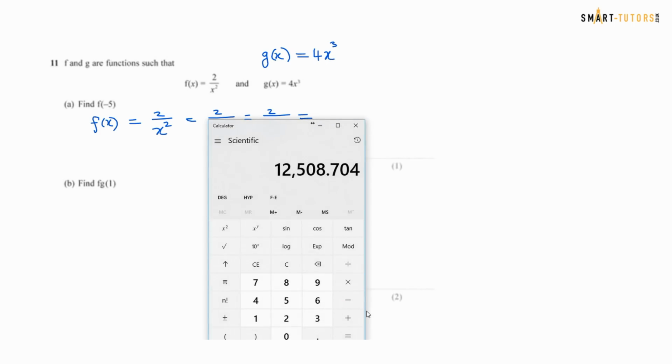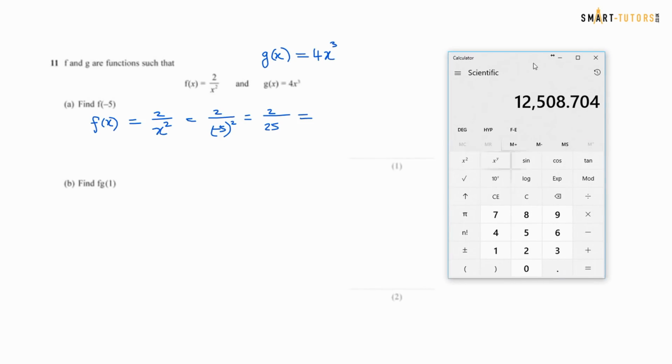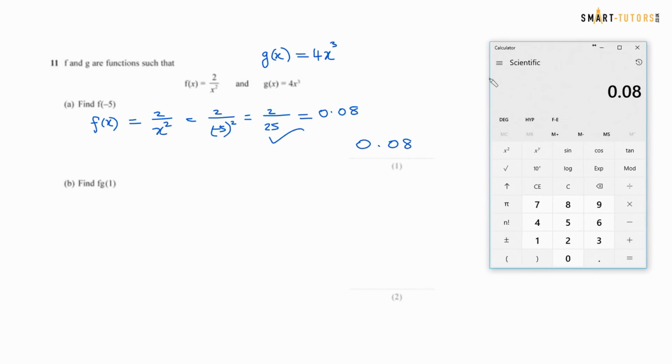You can leave it as it is, since it's a 1 mark question anyway. So 2 divided by 25 is 0.08. I'll leave the answer as 0.08, but it doesn't matter if you leave it as 2 upon 25.